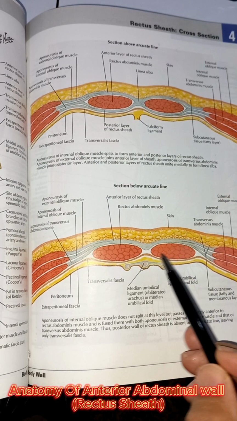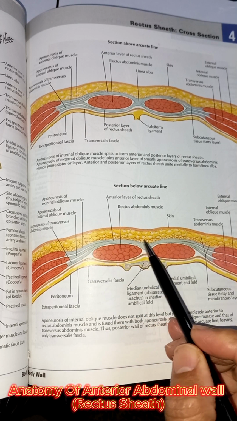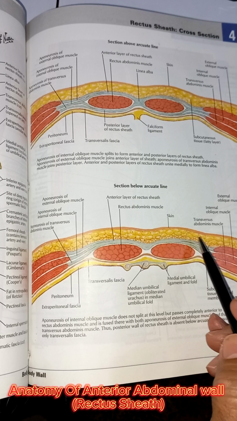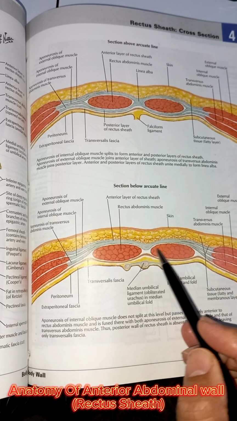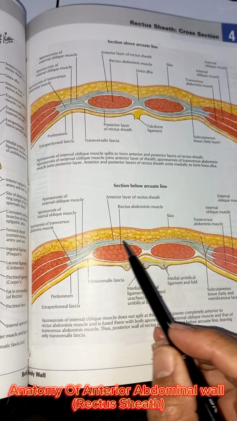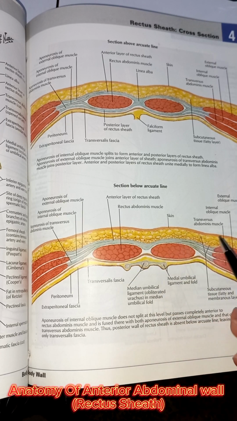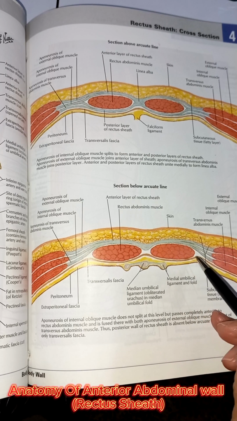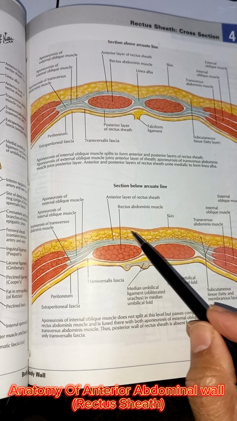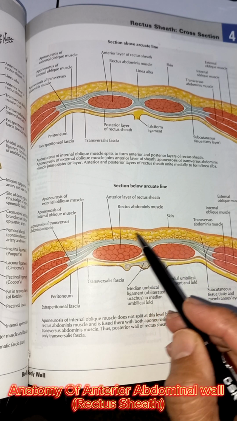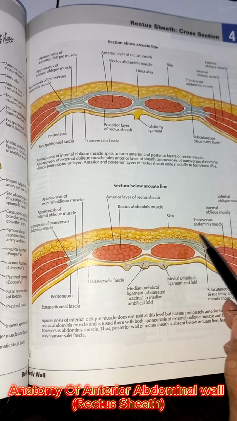Now, this section is showing the formation of abdominal wall or formation of rectus sheath or anatomy of abdominal wall muscles. Here below the arcuate line, the anatomy is a bit different. Here you can see what happens.